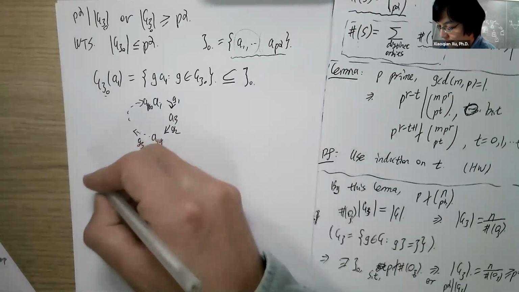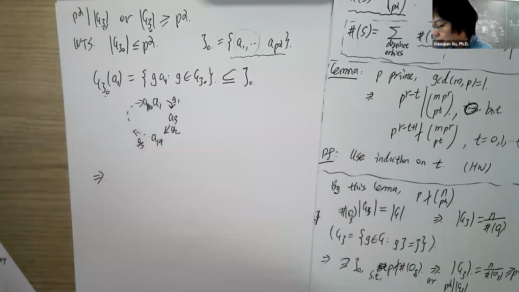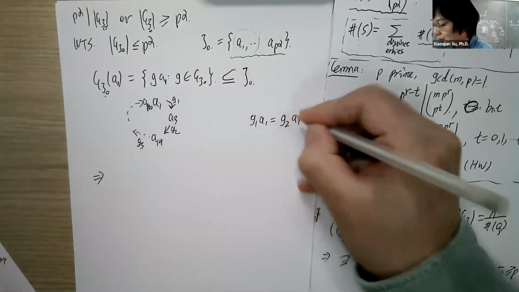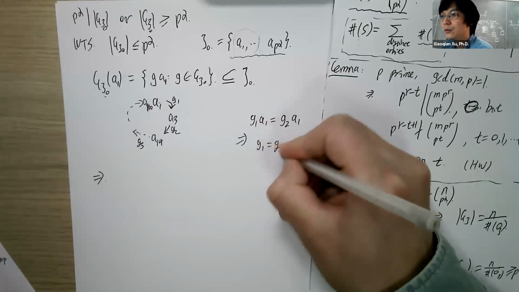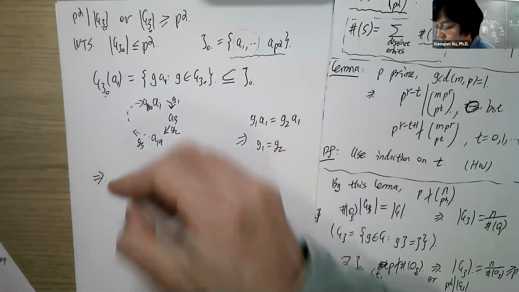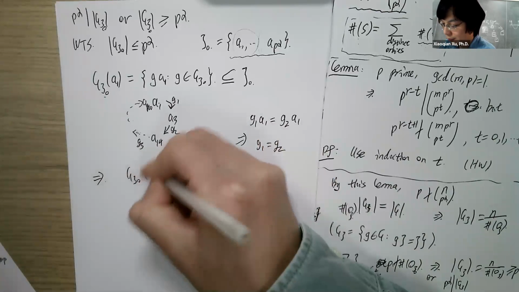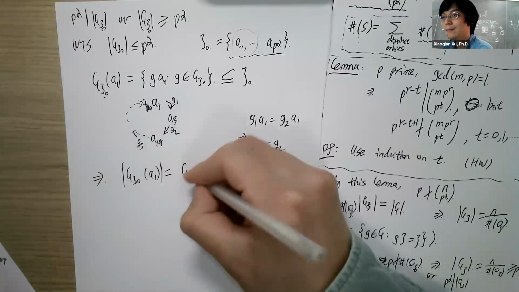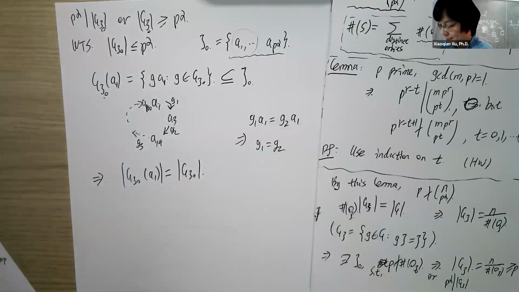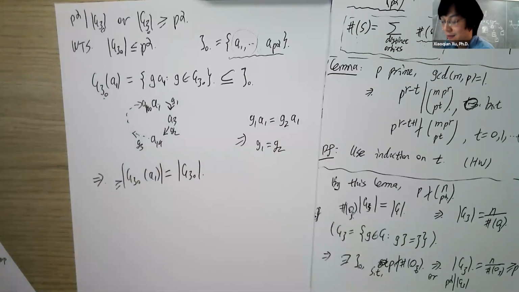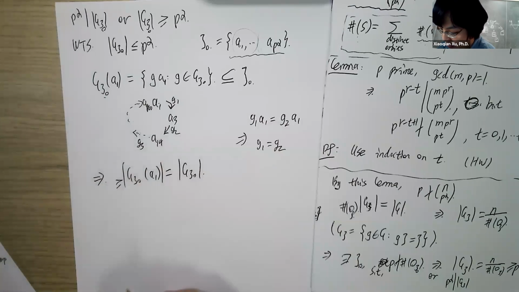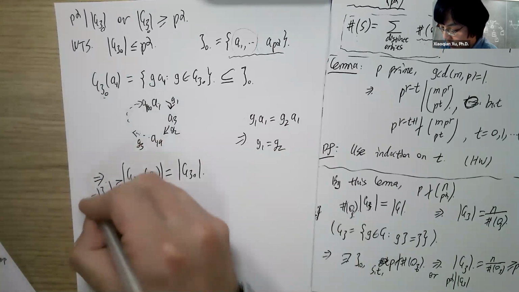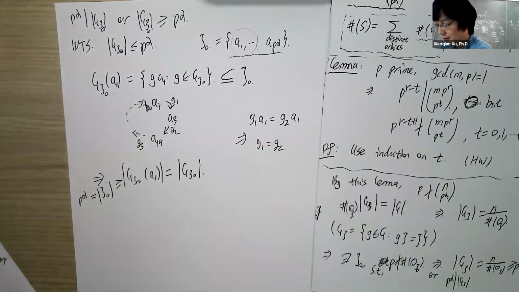So we are done. Because you know that G1 a1 equals G2 a1 means G1 equals G2. So that means GC0 acting on a1 has the same number of elements as GC0, which is a subset, so it is less than or equal to C0, which has P to the alpha elements in total. So we get GC0 is less or equal to P to the alpha.